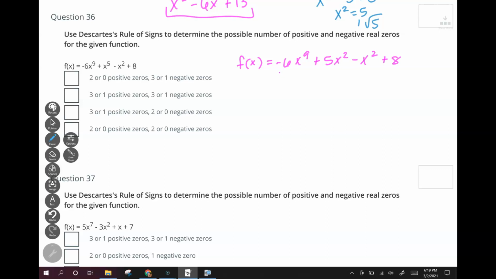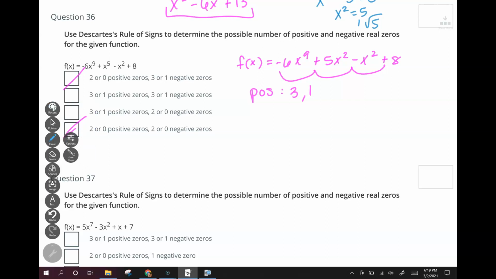Sign changes, I've got 1, 2, 3. 3 sign changes. So that means for my positive real zeros, I could have 3 or go down by 2, 1. 3 or 1, so not 2 or 0.